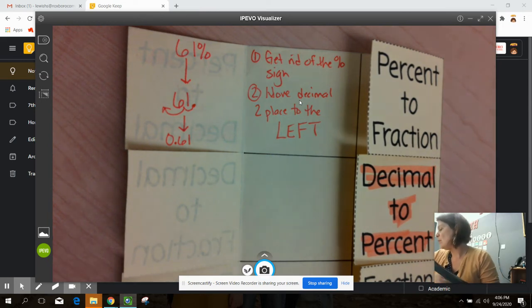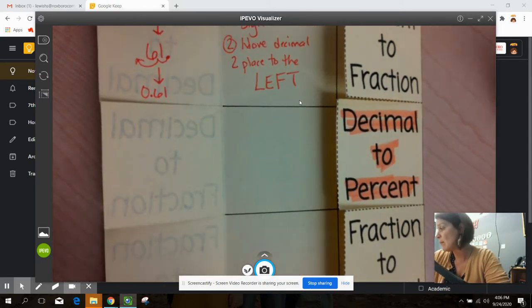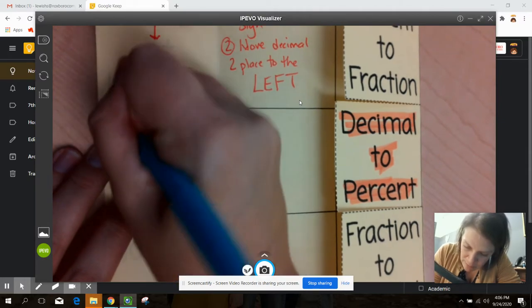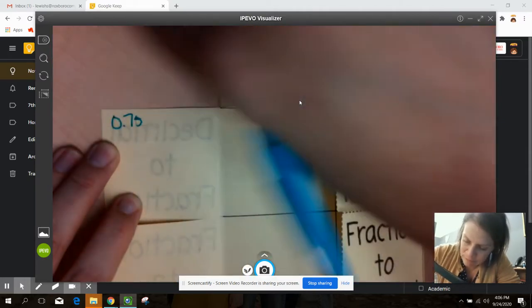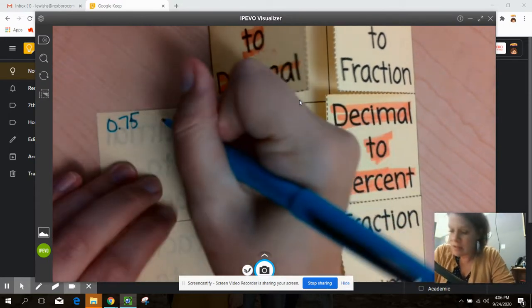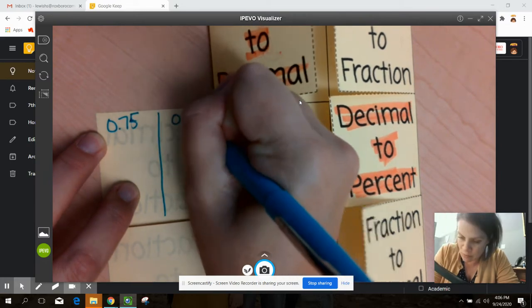So for the second one, which is going from decimals to fractions, and like I said, we will use our calculators most of the time for this, but I just want you to remember how to do it. I'm going to give you 2 examples, 0.75. Ooh, close that up. And then I'm just going to draw a line down here, and 0.06.